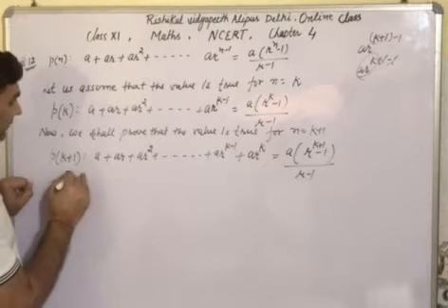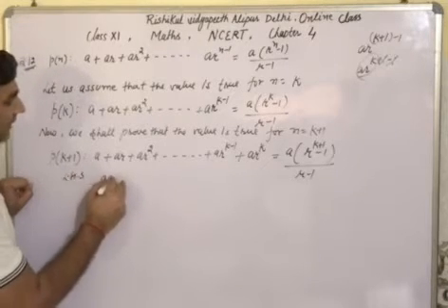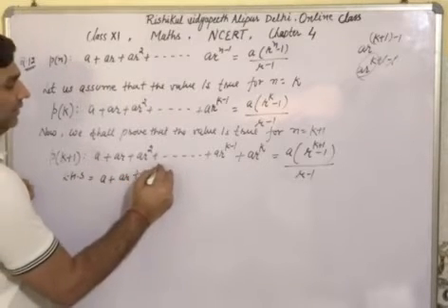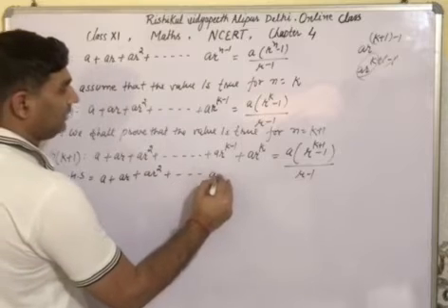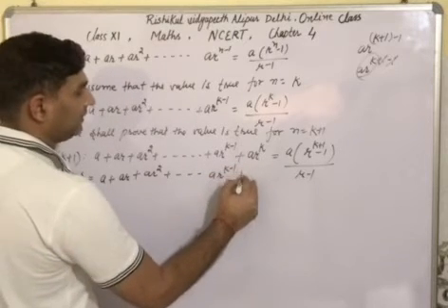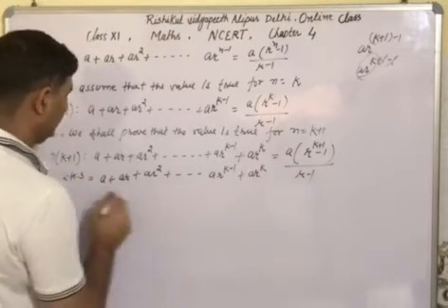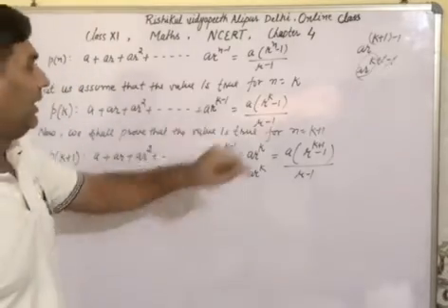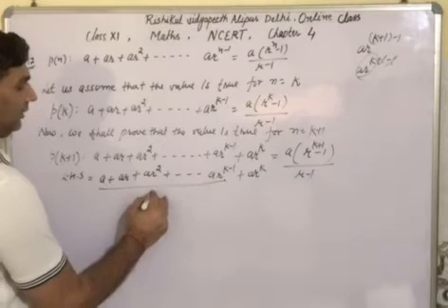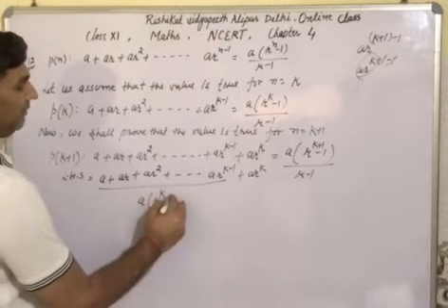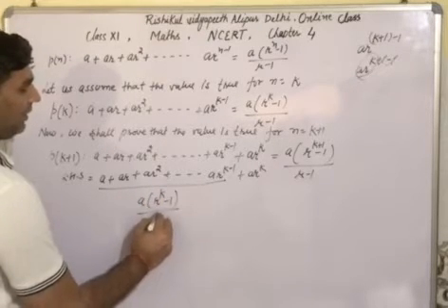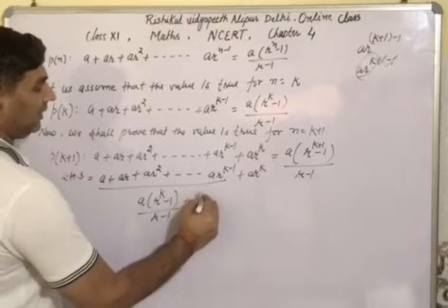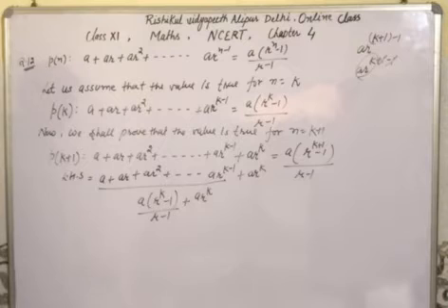The left hand side is a plus ar plus ar square and so on up to ar raised to power k minus 1 plus ar raised to power k. The first part is a into r raised to power k minus 1 upon r minus 1, and the other value is plus ar raised to power k.